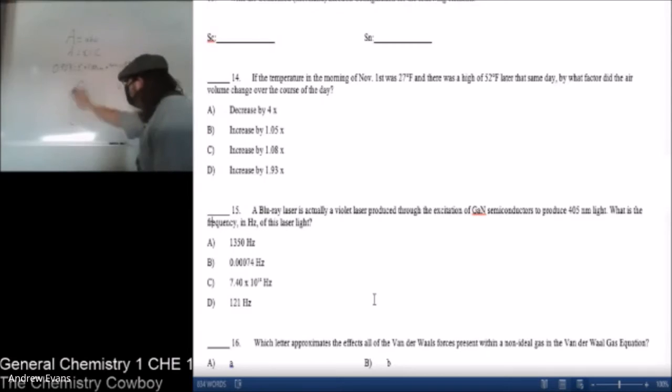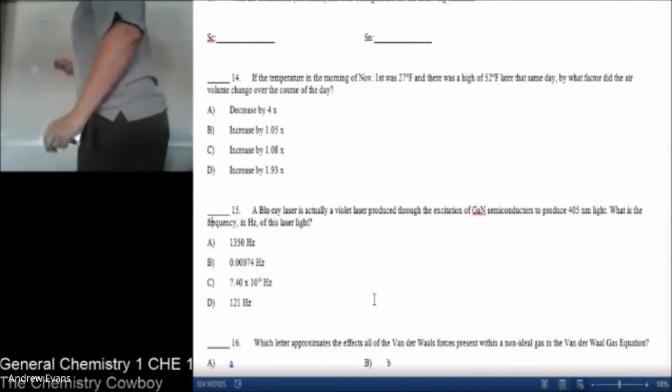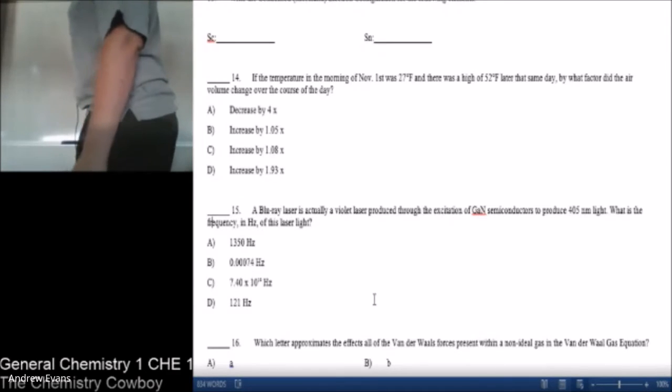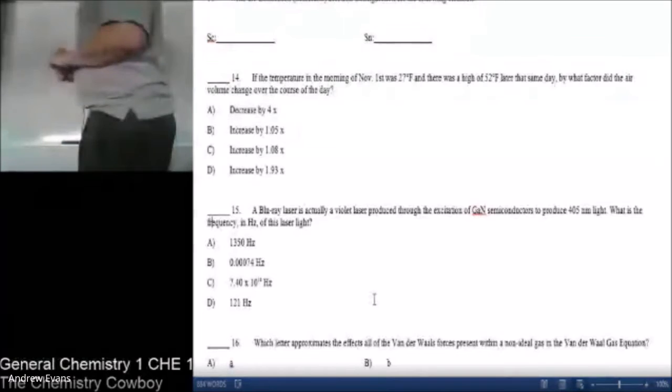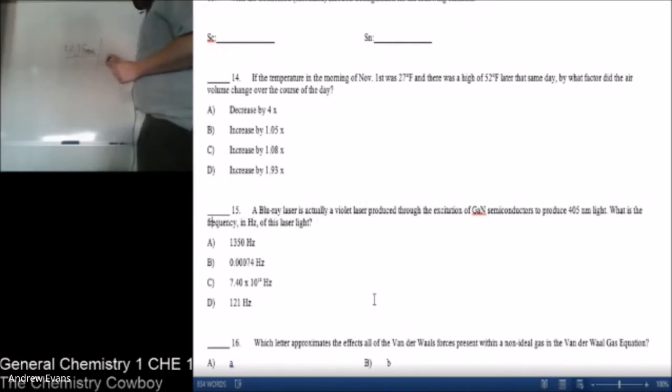Especially considering all of these answers differ by multiple large factors. If I had 2 or more numbers that were close by any scope of the imagination, it'd be a little bit harder and you'd have to do this. But the idea is all these numbers were gettable. So first, I turn 405 nanometers into meters. 10 to the 9th nanometers, 1 meter.